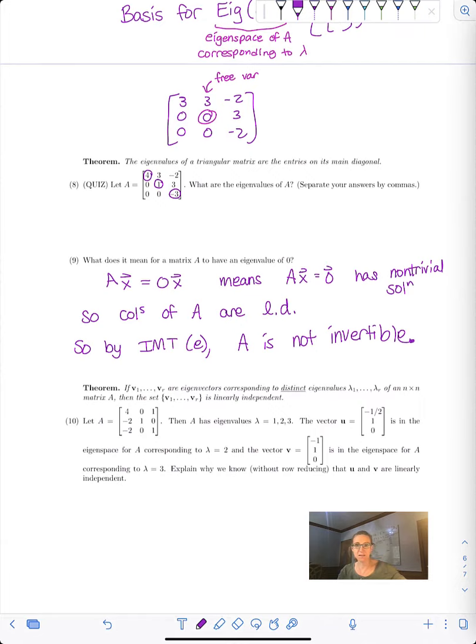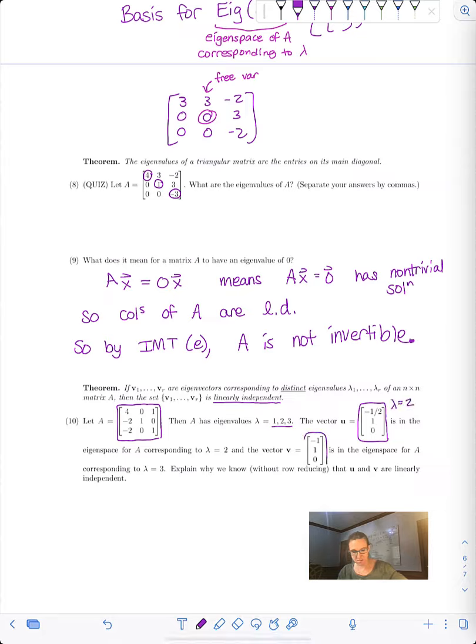Okay, and the last thing I wanted to talk about today is eigenvectors coming from distinct eigenvalues. So if you have different eigenvalues, their corresponding eigenvectors must be linearly independent. And so here's an example for us. We have a matrix A, and it actually has 3 distinct eigenvalues. It has eigenvector u, which is one of the eigenvectors corresponding to eigenvalue lambda equals 2.